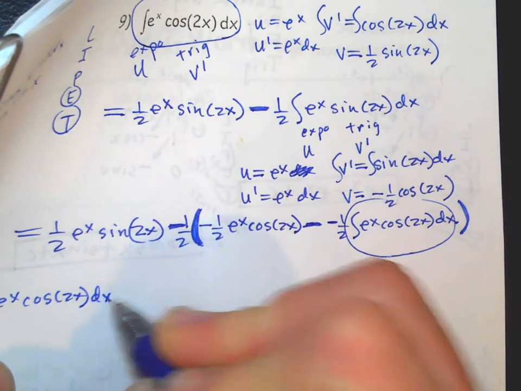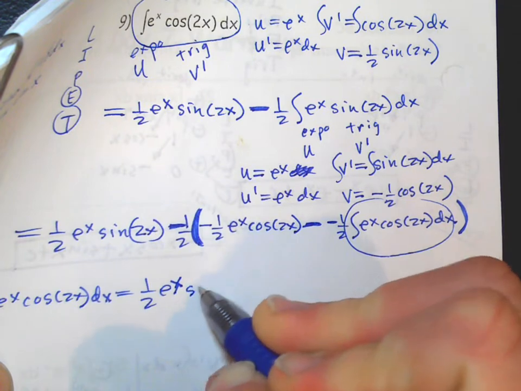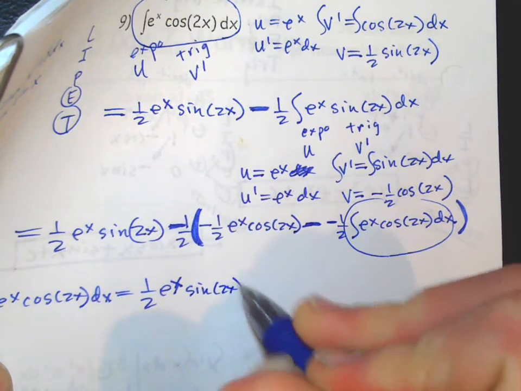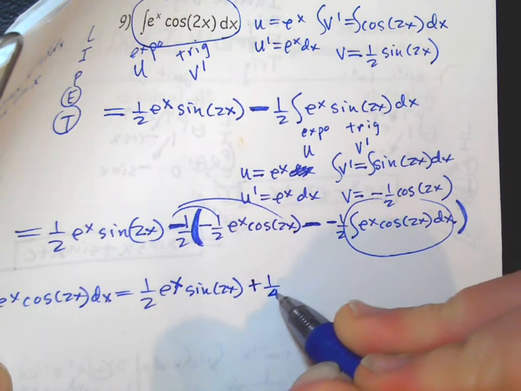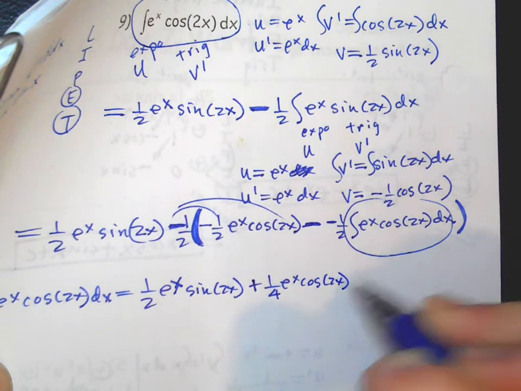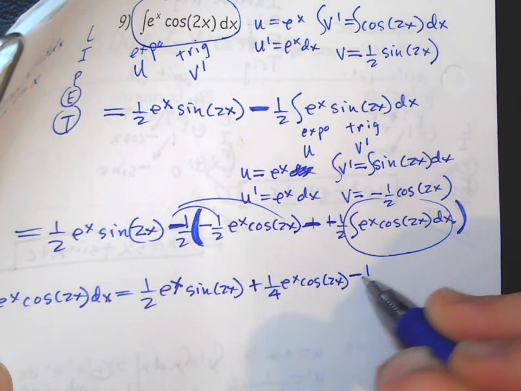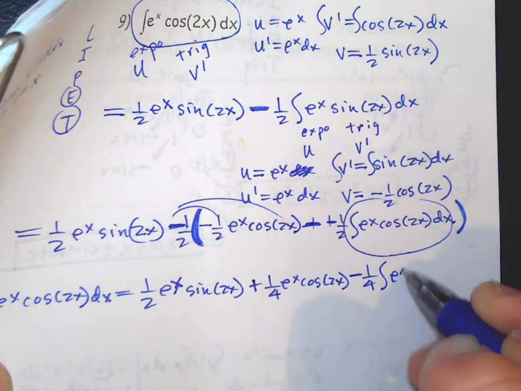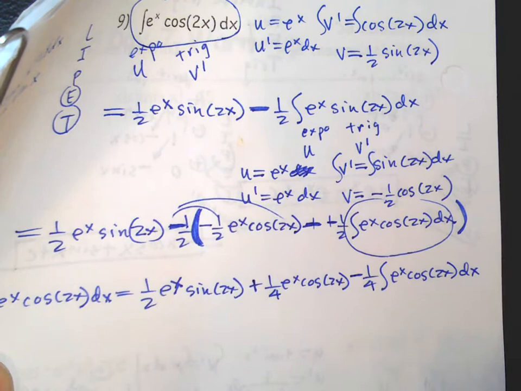And so far we have 1/2 e to the x sine 2x. You got to distribute this. It's going to be plus 1/4 e to the x cosine 2x. And then that negative times the negative 1/2 is going to be plus, so it's going to be minus 1/4 integral of e to the x cosine 2x dx. Okay, so I just rewrote what we had.